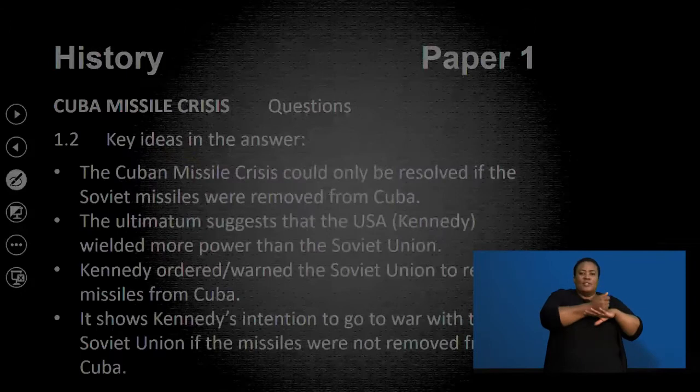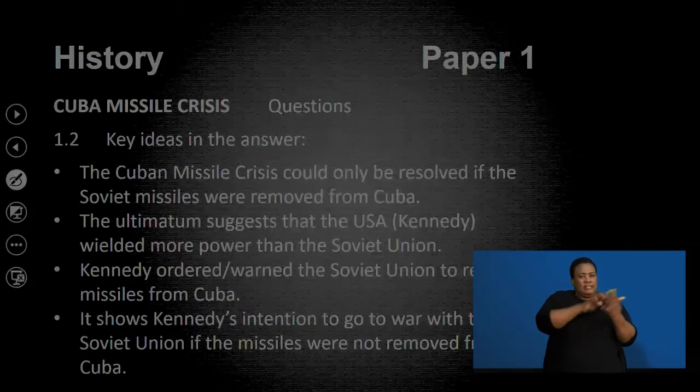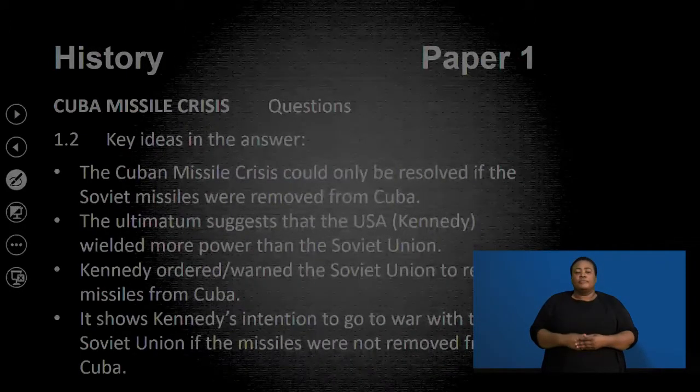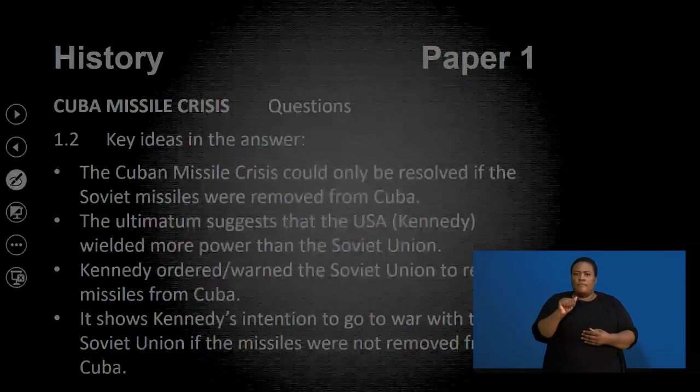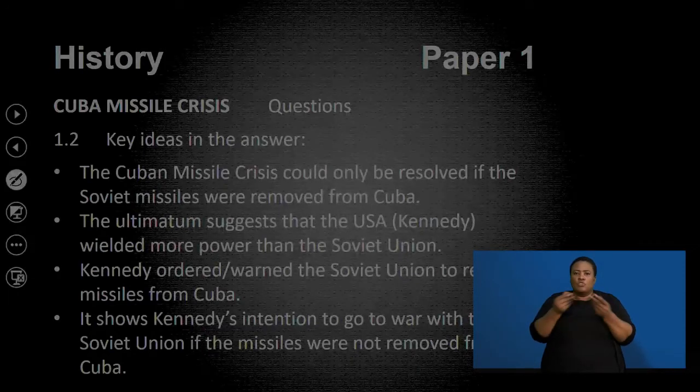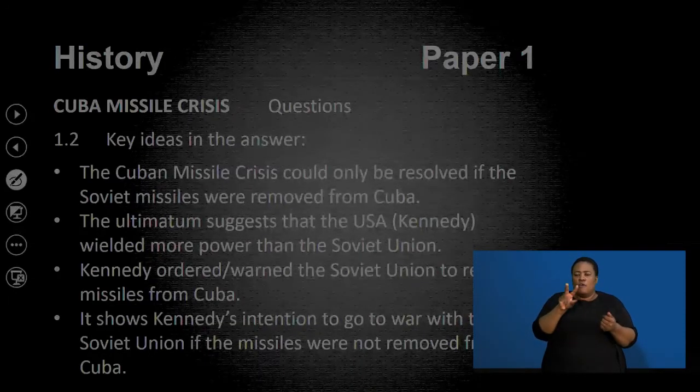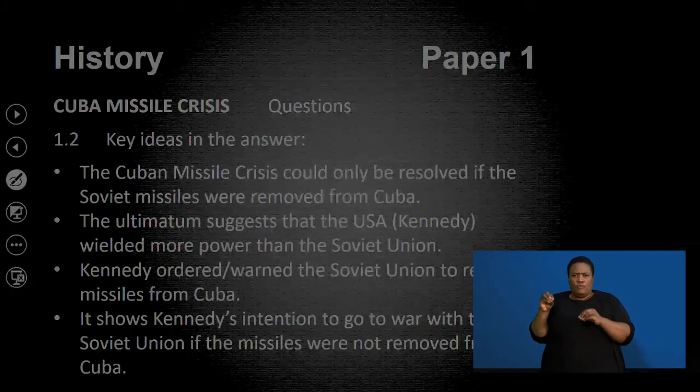If we look at some key ideas in your answer here, it's that the Cuban Missile Crisis could only be resolved if the Soviet missiles were removed from Cuba. The ultimatum suggests that the USA, Kennedy, wielded more power than the Soviet Union. Kennedy ordered or warned the Soviet Union to remove missiles from Cuba.